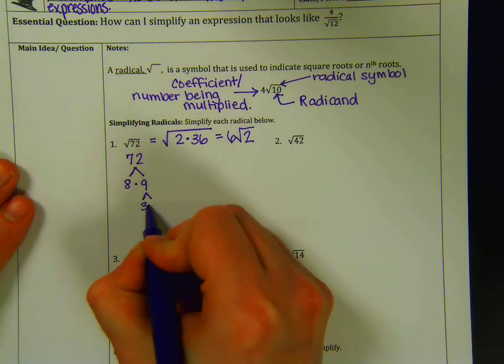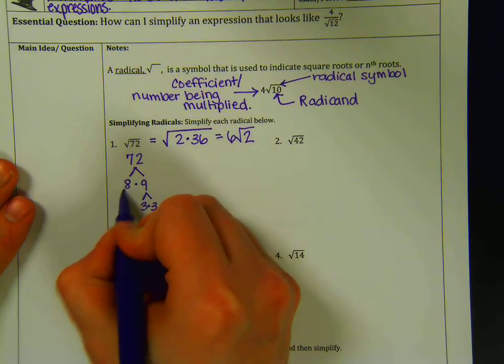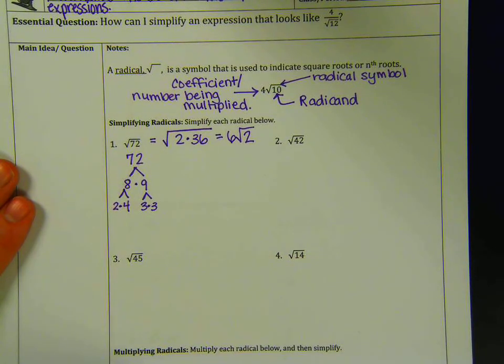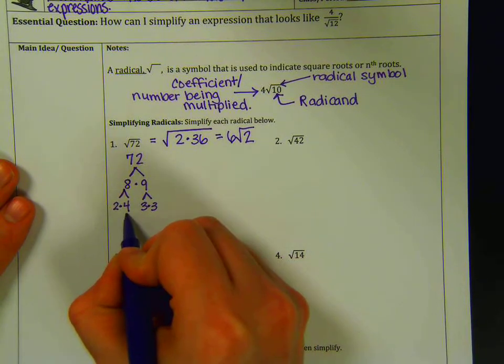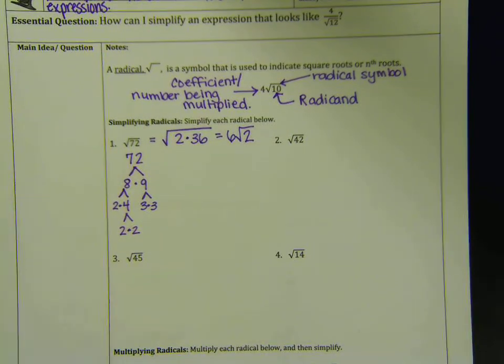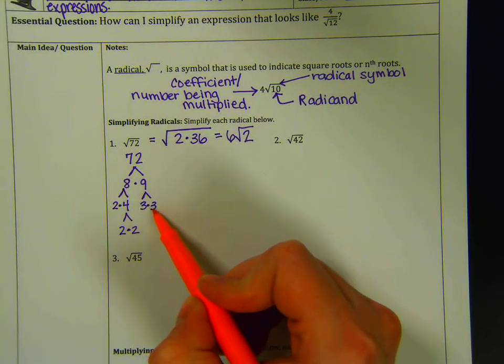Well, that's 3 and 3. Then we can break 8 up into 2 times 4. But 4 can also be broken up into 2 times 2. So let's look at the final pieces that we have. So we have a 2, a 2, a 2, a 3, and a 3.